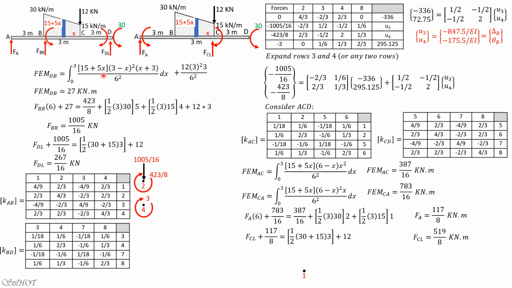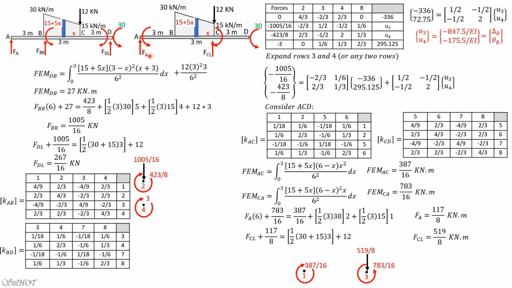So at node 1, we have a fixed moment which is clockwise, and it is equal to 387 over 16. At node 3, which is C, we have FCL downward, 509 over 8, and a fixed moment CA, which is 783 over 16, and a downward force of FCL, opposite to the fixed forces.